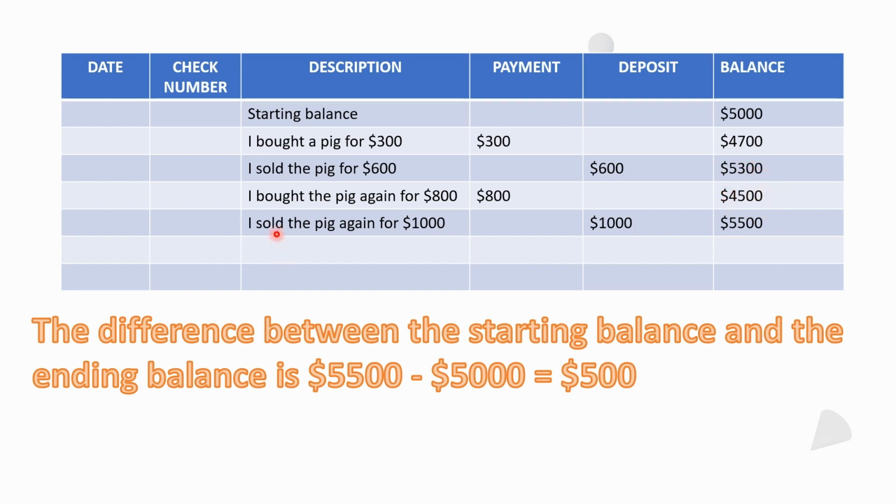I sell the pig again for 1,000, so we're getting a credit of 1,000. 4,500 plus 1,000 gives us $5,500. Once again, to figure out how much money I made, subtract the starting balance from my ending balance. 5,500 minus 5,000 equals $500 again. So it's pretty simple math, really.